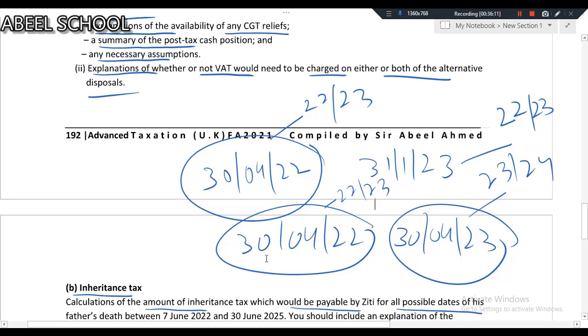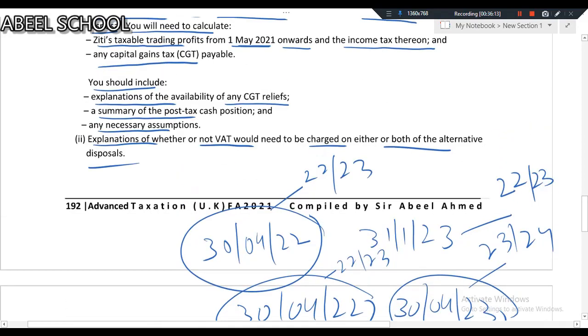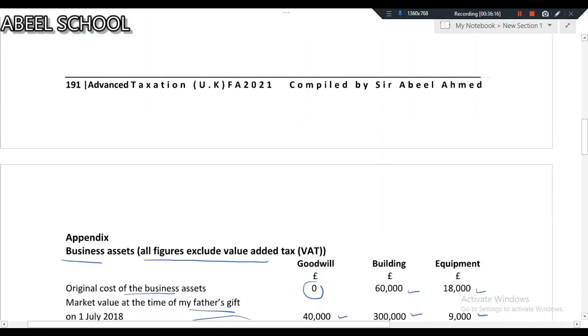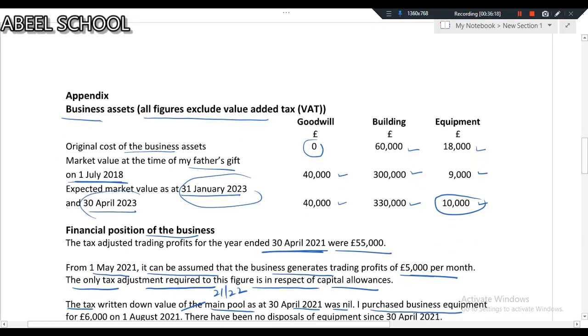Now let us try to calculate capital gain tax in both the cases, case 1 and case 2. Now listen and listen carefully. In case 1, I'm just explaining you on this screen, then I'll go to the Excel. In case 1, obviously Ziti will not get anything about goodwill, but look at the building. When Ziti got this building, it had a market value 300,000. It costed his father 60,000.